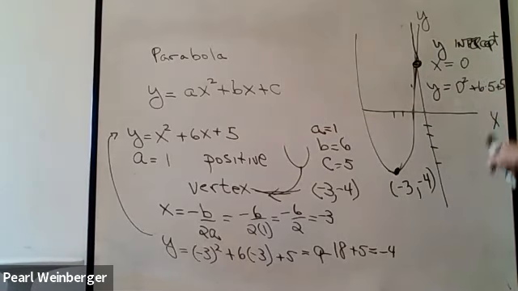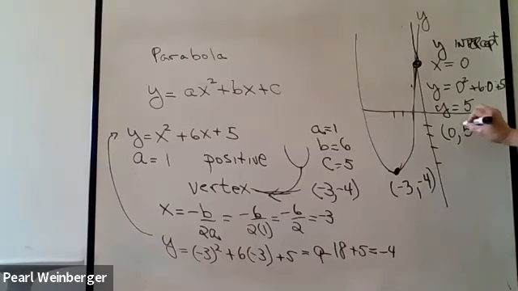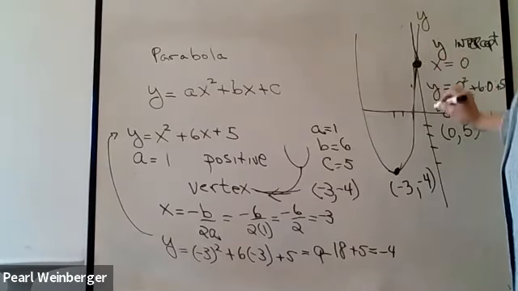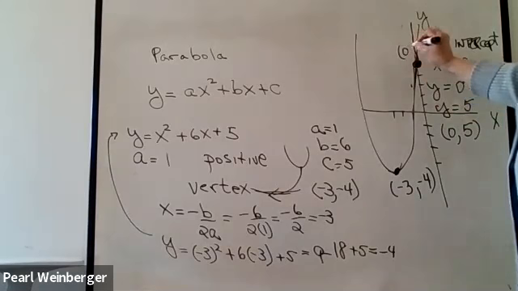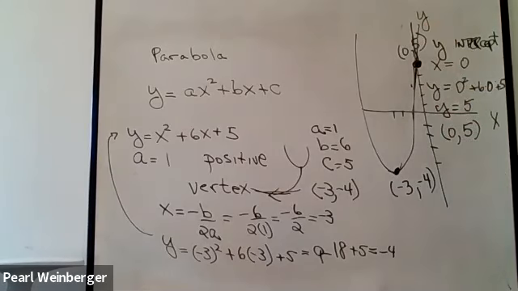The x is 0, so this is 0, and this is 0. So what I'm left with is y equals 5. In other words, the y-intercept is the point (0, 5), right here. There's 0, 1, 2, 3, 4, 5. So not only can we find the vertex, we can also find where it's crossing the y-axis.